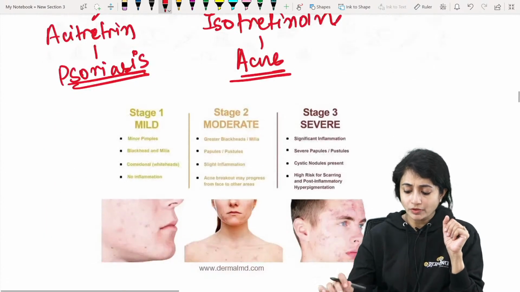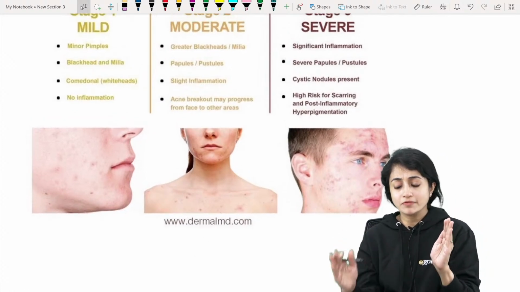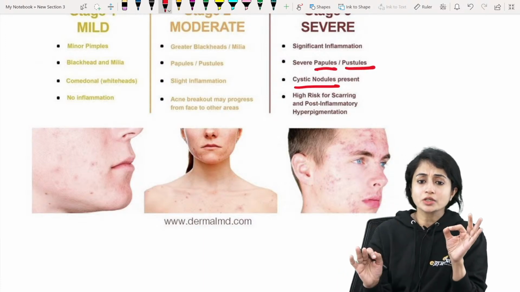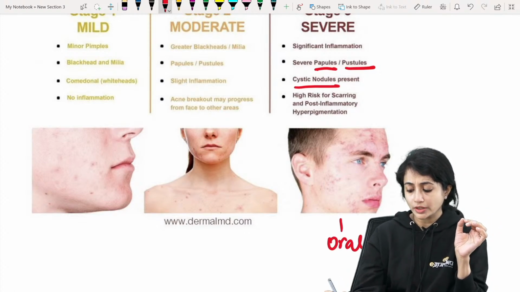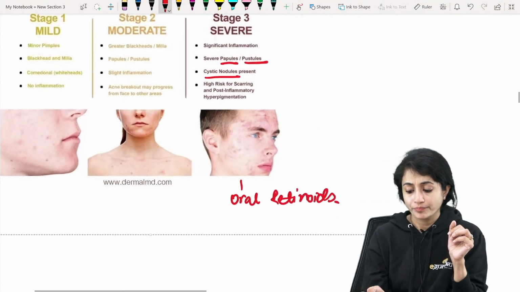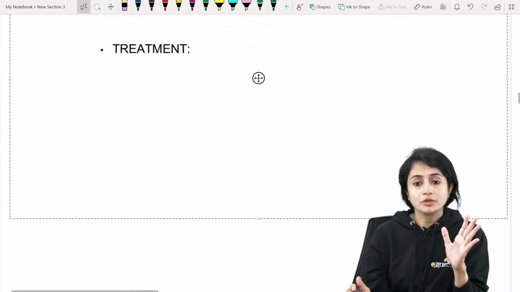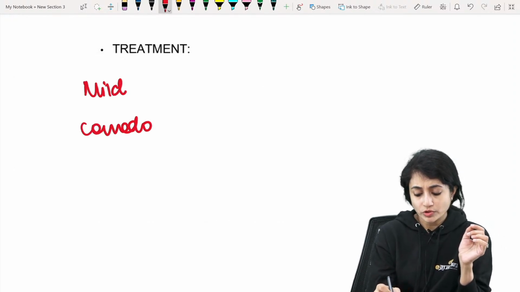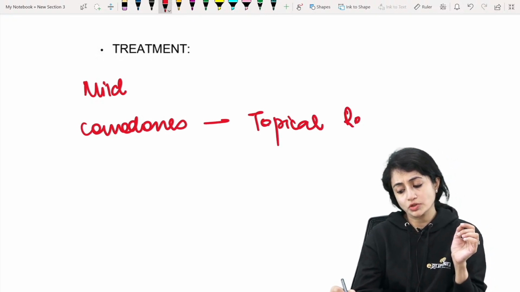Okay, so coming briefly to acne, acne is divided into different stages. If I have severe disease where I have cystic nodules, papules, pustules, there are high chances of inflammation and scarring, and here I give my patients oral retinoids. So when I talk about treatment of acne, if I have mild acne, I have just comedones, then I'll just give topical retinoids to the patient.